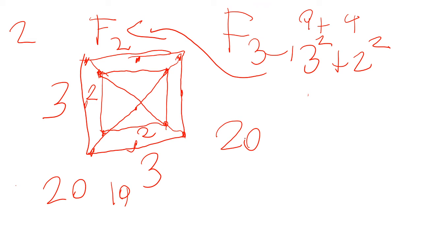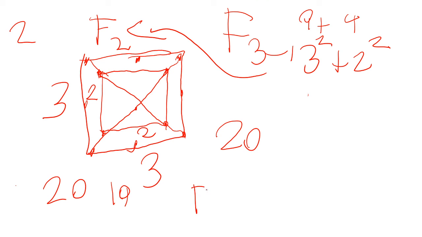Now to get F20, we need to add F19. We need to add all these counts all the way until we reach F1. And how are we going to do this? How do we do it here? We had 3 squared.